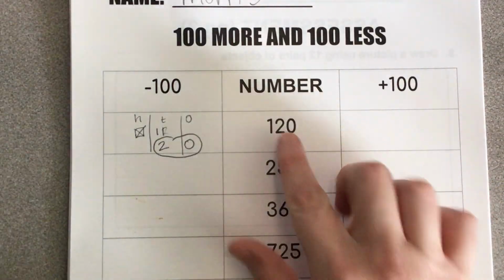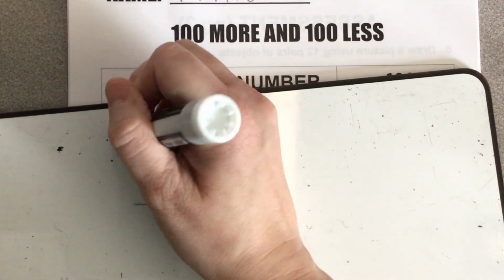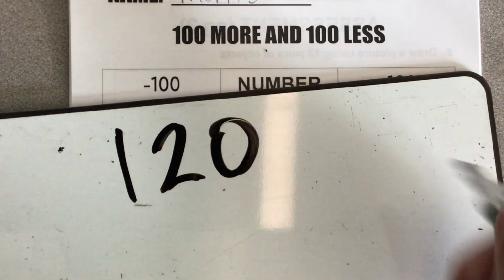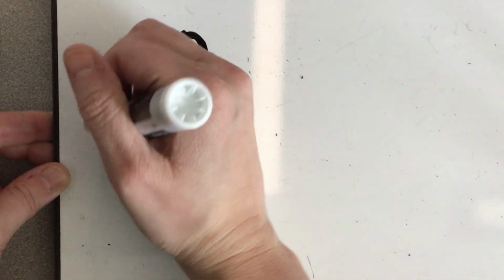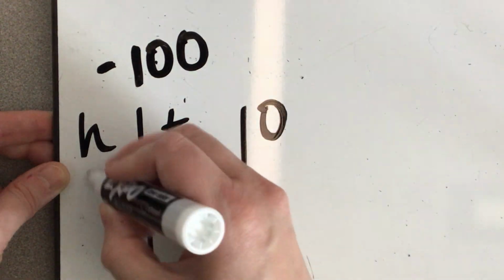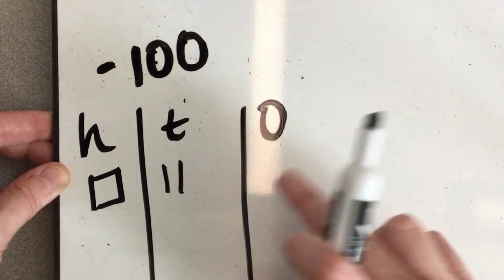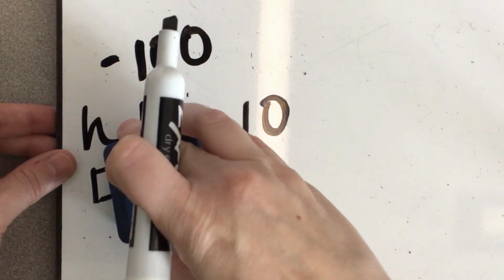So on the whiteboard, we're starting with our original number, 120, okay? And then we're going to do 100 less first on that side. So I'm going to draw 100, 2 tens, 0 ones. So we're getting rid of that 100 because it's 100 less.